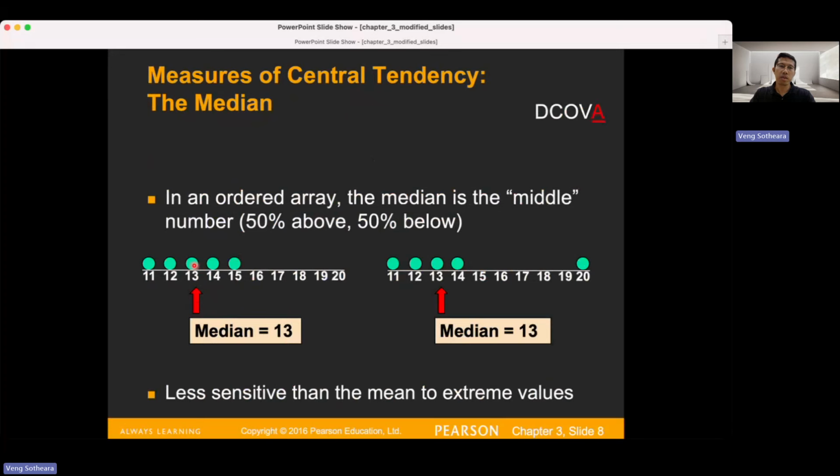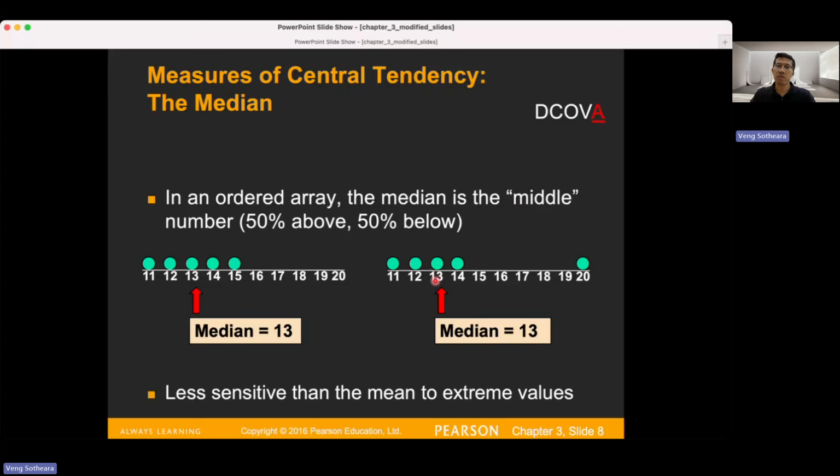Because the third position is actually the middle position, because in total you have 5 values, and the third is exactly in the middle. So this third position, which is 13, is called the median. If one of the values inside the data set is modified from 15 to 20, for example, that will not affect the position of the middle value. We still have 5 values in total, and the third is still exactly the middle value.